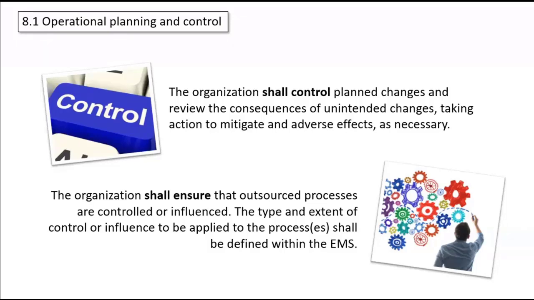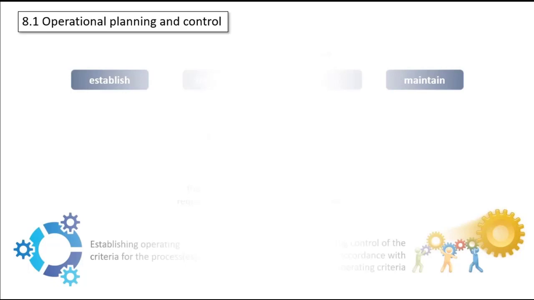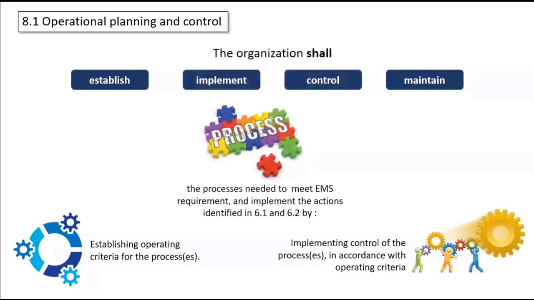Okay, so from here, what are the requirements? You must establish, implement, control, and maintain the processes needed to meet the environmental management system requirements already identified in 6.1, 6.2. What is clause 6? If you can recall, what is this clause 6? Planning.